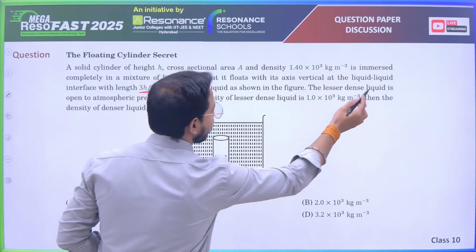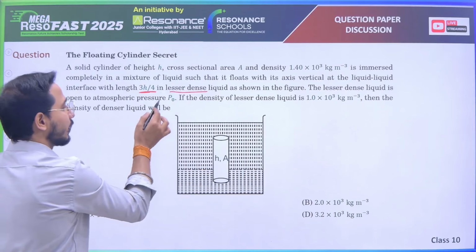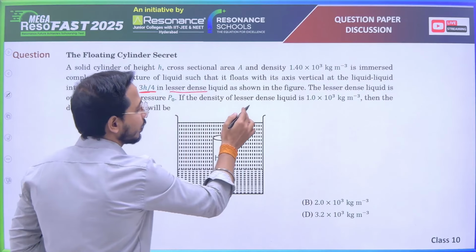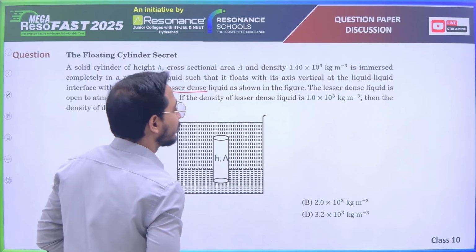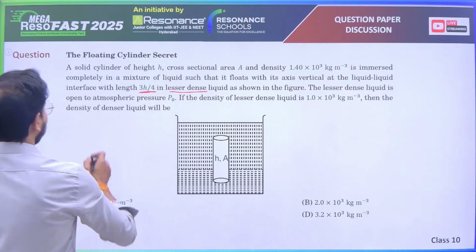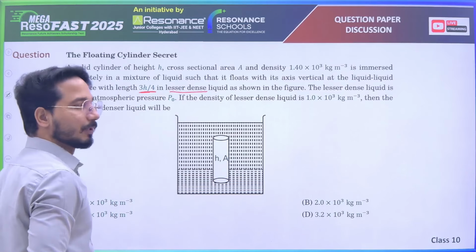The less dense liquid is open to atmospheric pressure P0. If the density of the less dense liquid is 1 into 10 to the power 3 kilogram per meter cube, then the density of the denser liquid will be, right?